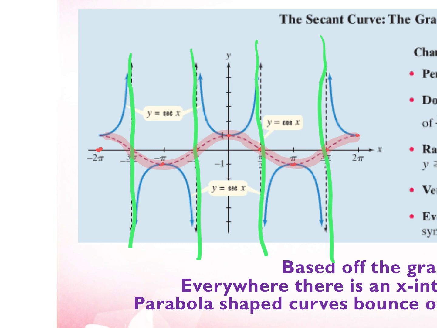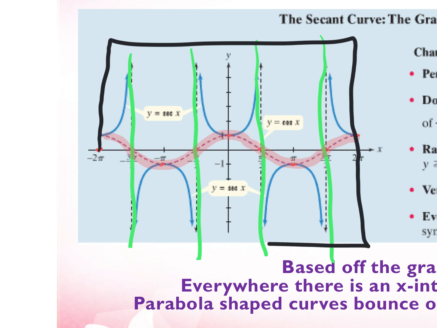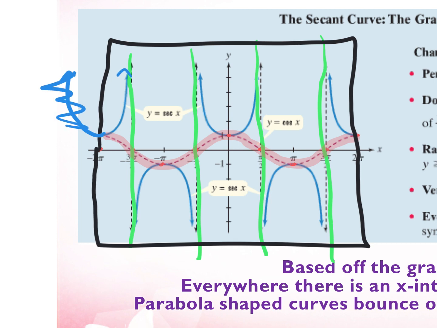So what I'm going to do is I'm going to box it in. Pretend like this is the viewing screen on your calculator. So I'm going to box this in. And really all I want to see graphed is 2 complete cycles. And notice over here, this should have also had another U shape, but it's out of my viewing, so I don't need to show that.